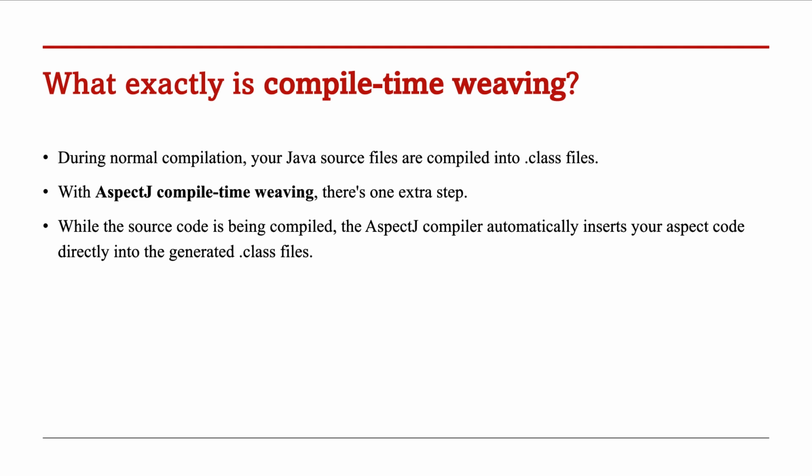As a result, the generated bytecode already contains the Aspect logic, so no proxy creation or runtime weaving is required. That's why it's called compile-time weaving, because the Aspect is woven into your application during compilation, not while the application is running. In the next few minutes, you'll actually see this happening, and it'll make much more sense once we configure the AspectJ compiler.